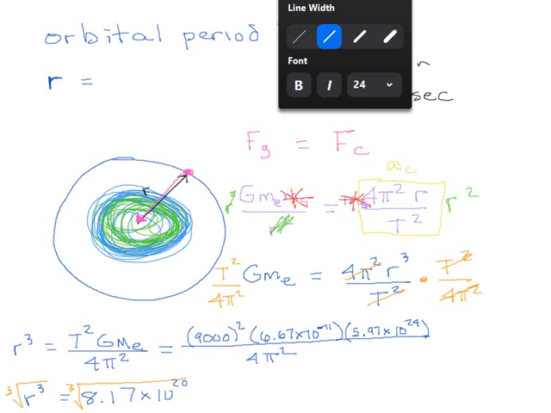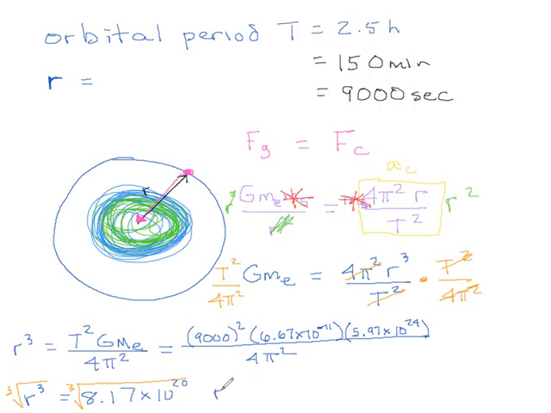So if we cube root both sides of this, we'll get just r. And the number then is 9,348,497 meters. Now, that isn't our finished answer, but it's darn close.